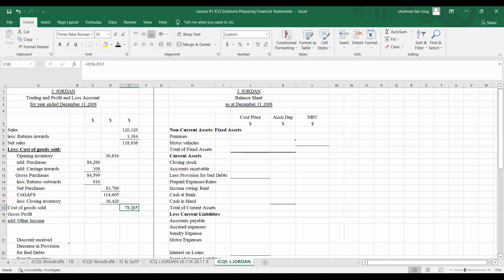So the gross profit in this case will be equal to 40,751. And we know there's a gross profit because our net sales is greater than our cost of goods sold. If it was the opposite, where net sales was less than the cost of goods sold, then we would get a gross loss. But in this case, we get a gross profit.